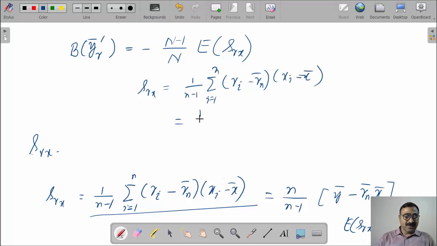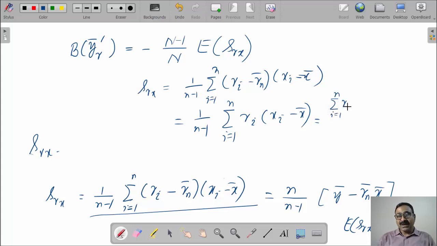So this is equal to 1 by n minus 1 summation i equal to 1 to n of Ri into xi minus x bar. This is equal to summation i equal to 1 to n Ri xi minus x bar summation i equal to 1 to n Ri, whole divided by n minus 1.